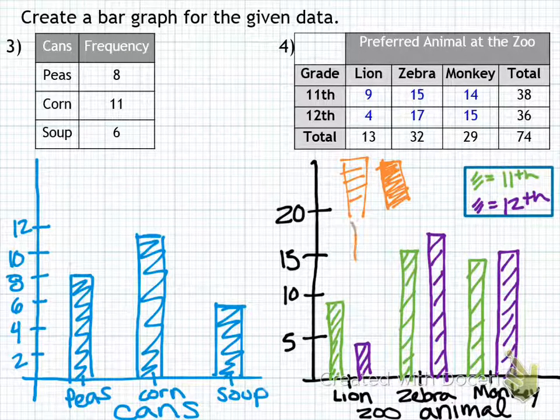Okay, or just leave it plain and then do another one that's solid, or zigzags. Okay, something to distinguish between the 2 types, or the 2 parts that you have for each of the categories. Okay. But that's pretty much it for today.